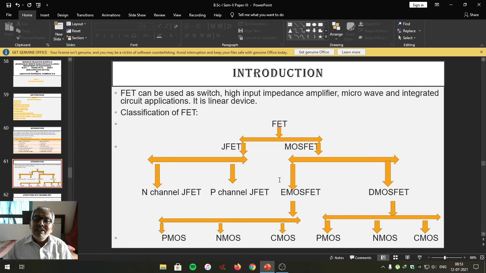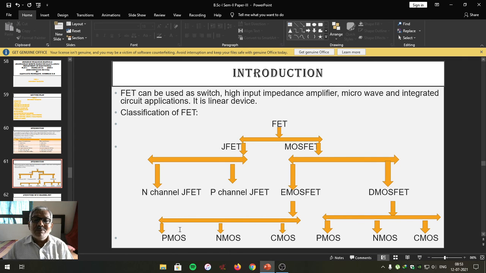Dear students, E-MOSFET is further divided into three types. One is a P-MOSFET, that is positive enhancement metal oxide semiconductor field effect transistor. Second one is an N-MOSFET, negative metal oxide semiconductor field effect transistor, and third one is C-MOSFET, that is a complementary metal oxide semiconductor field effect transistor.